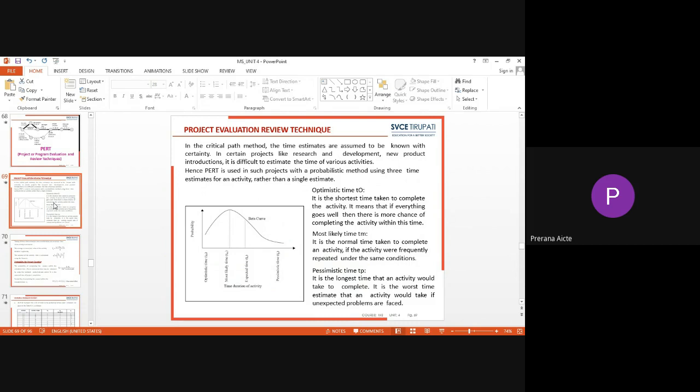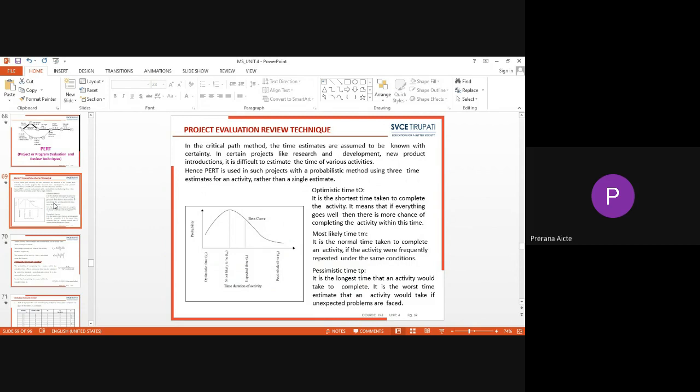That means if all the resources and equipment and other things needed for the particular activity are available at the particular time, and we are going to complete that activity before the expected time, then such a time estimate is considered to be optimistic time, that is TO.